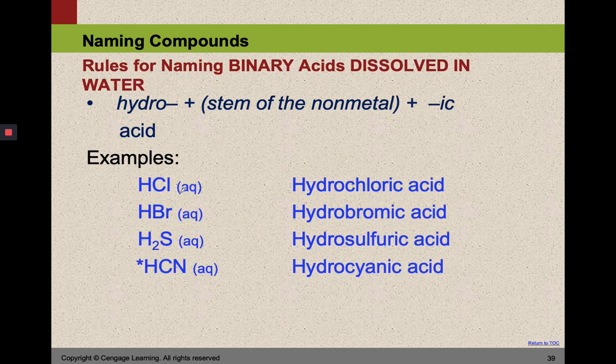However, something happens if we see this AQ. This denotes that the acid has already been bubbled or mixed with water. AQ means aqueous, from the word aqua. So that means it is mixed with water.